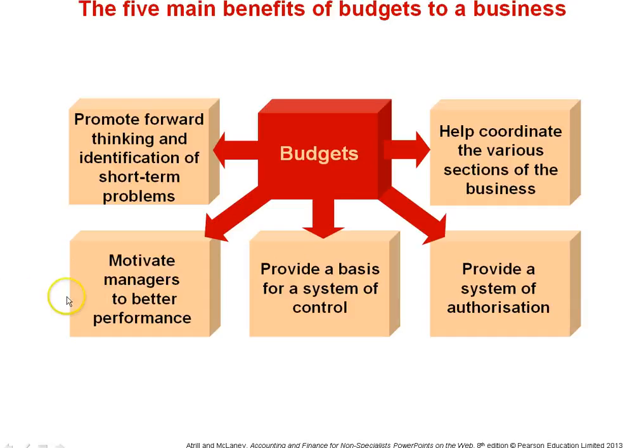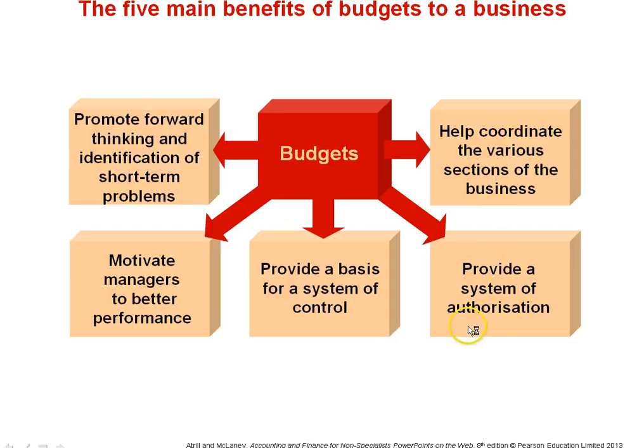Okay, so I've been talking about budgets as just a general communication exercise. We've broken it down a bit here: promote forward thinking, motivate managers. Well, yes, there's the motivation side, provide a basis for control, system of authorization, and coordination. So I've really been talking about coordination.